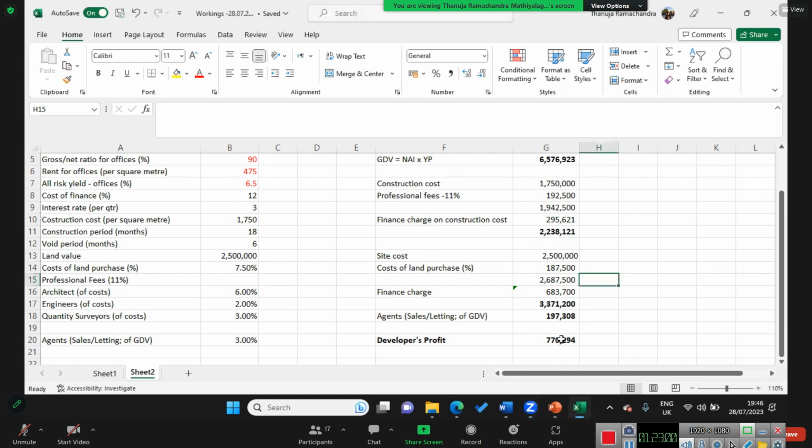So either you have to calculate developer's profit, or else land cost, or the building cost, isn't it? Those are the three main variables. Three main items, isn't it?